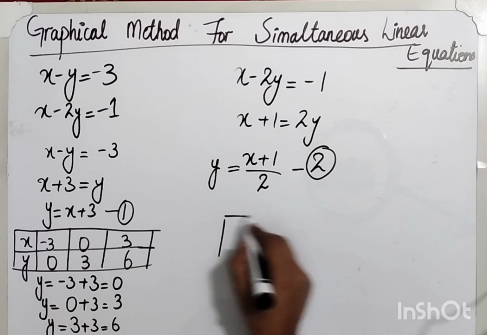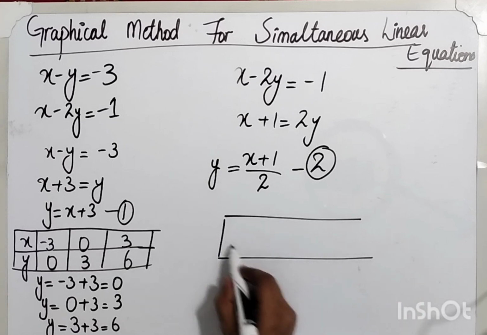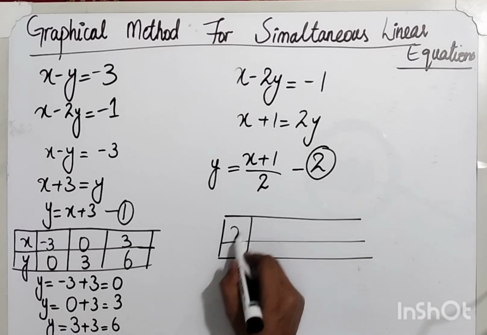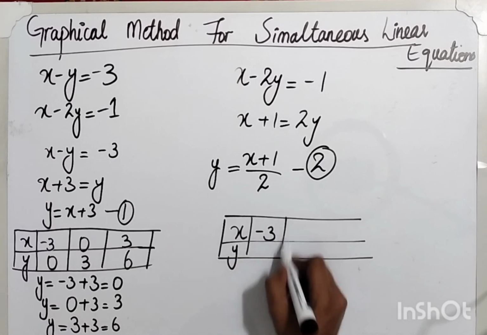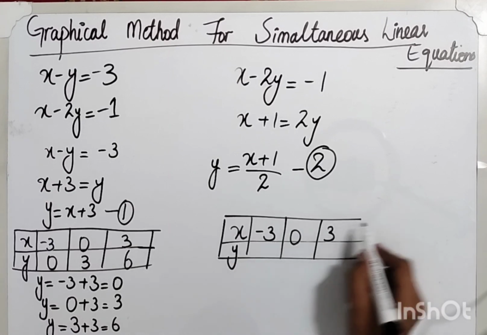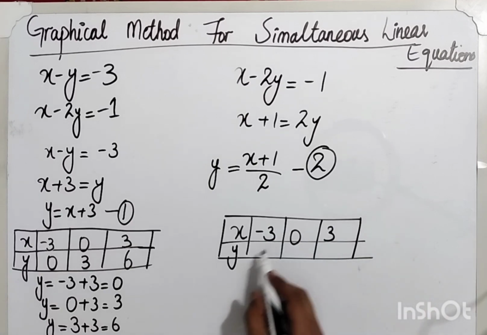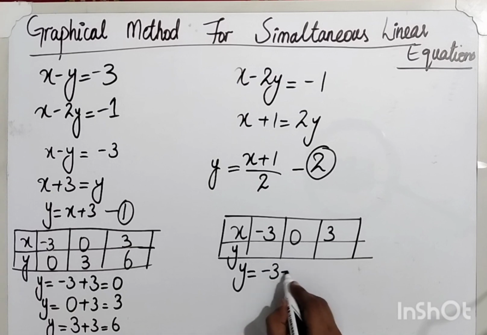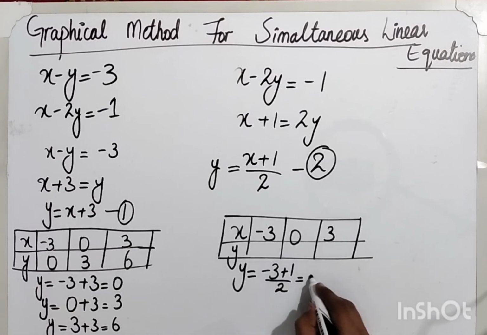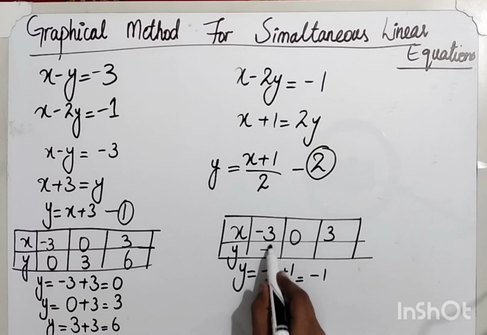Now I'm going to take the same values for this equation as well, for the values of x: minus 3, 0 and 3. When I substitute the first value, minus 3, minus 3 plus 1 is minus 2, divided by 2 gives us minus 1.